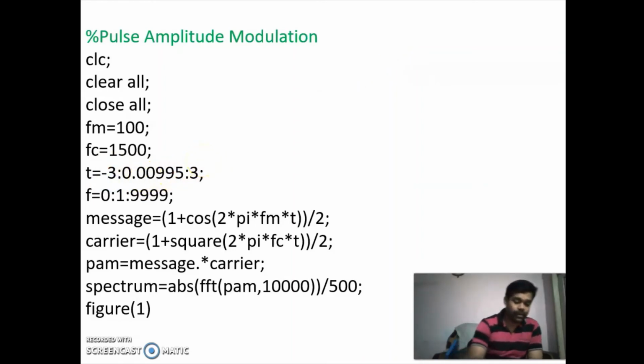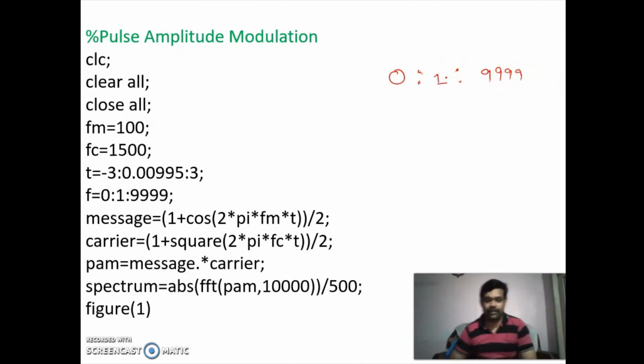Now the frequency axis you are taking from 0 to 9999, and the increment is 1. So we have defined the frequency of our carrier pulse train and the message signal, and the time axis and frequency axis.